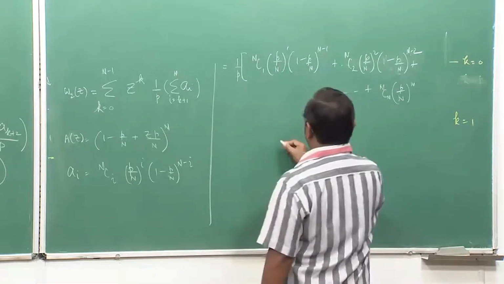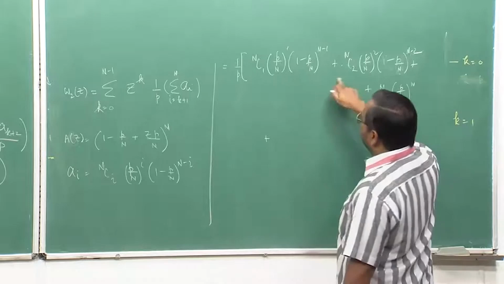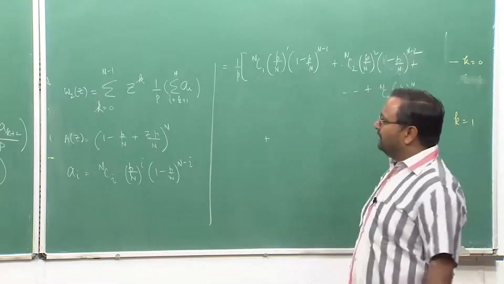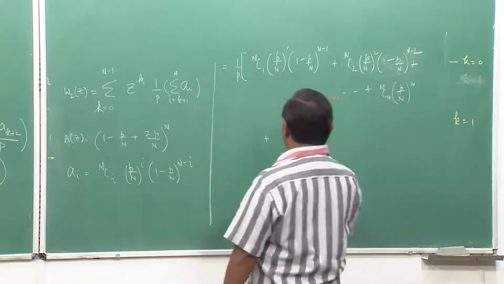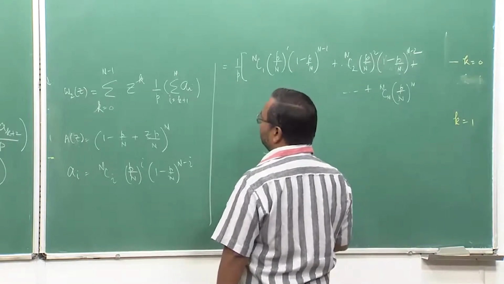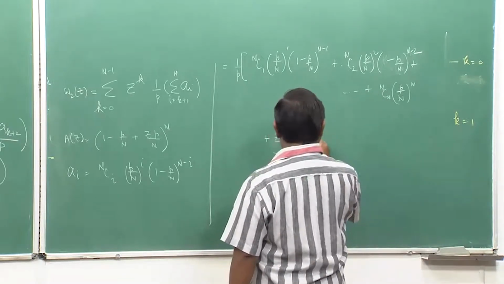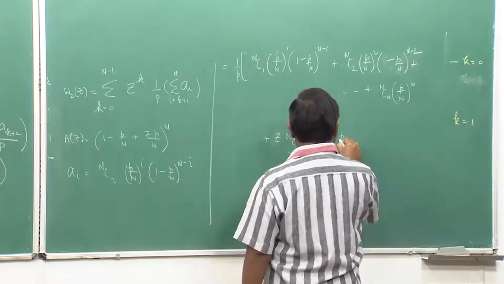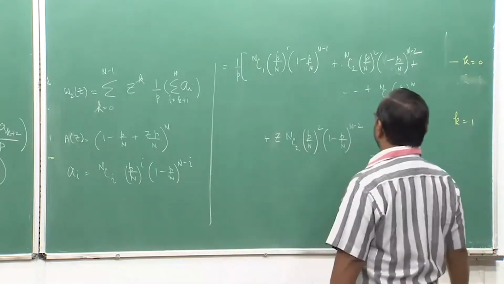So, the second term will be when k is equal to 1. I will start with nC2 now, this term will not be there, I will be starting from here. So, every time I increase my k, the number of terms in this summation will start reducing. So, I will end up with z raised to the power 1, I will have nC2 (p by n) square, n minus 2.